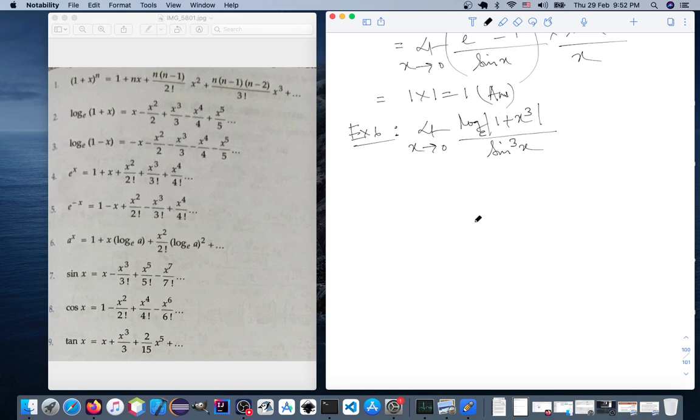When x is tending to 0, then 1 plus x cube, if x is tending to 0 positive, will be greater than 1. But if it is 0 minus, then 1 plus x cube will be a little less than 1.